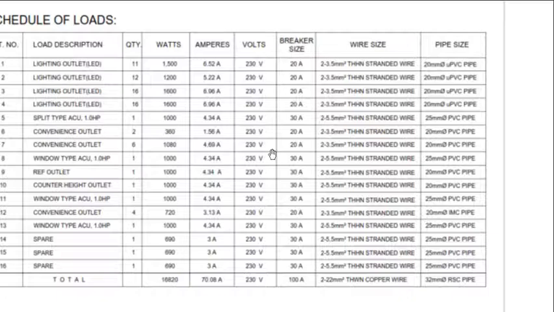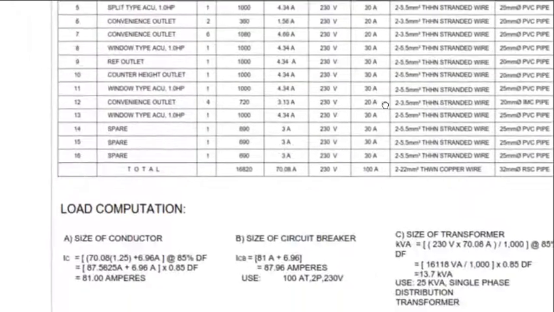So the minimum size of breaker is 20 for lighting and outlets, and for aircon, 30 ampere trip. For wire size, the smallest is 3.5. Since we are updating our Philippine Electrical Code, we are no longer using 2.0 mm squared. 2.0 mm squared represents the ground wire. Then the pipe size, this is the minimum.